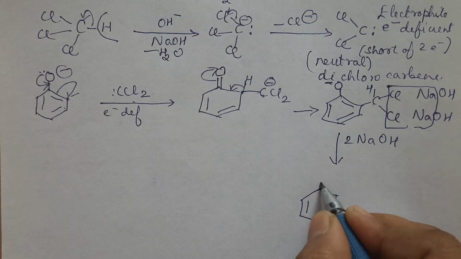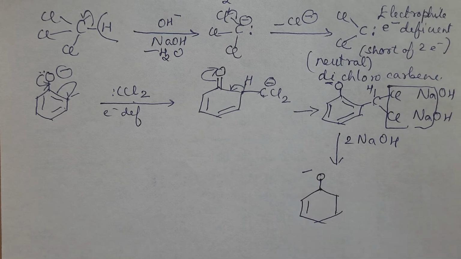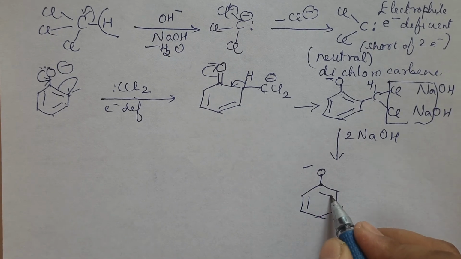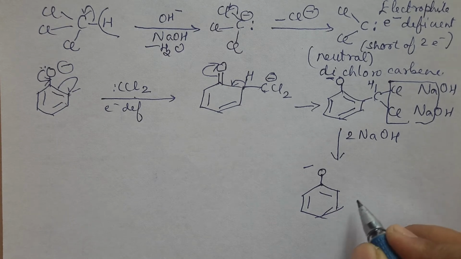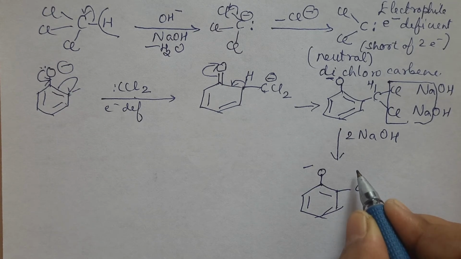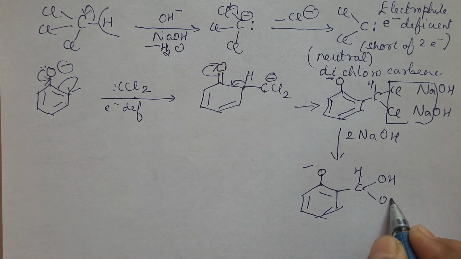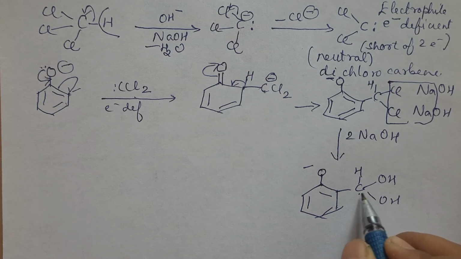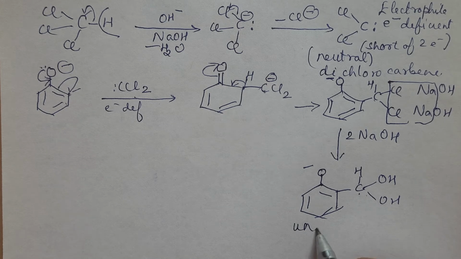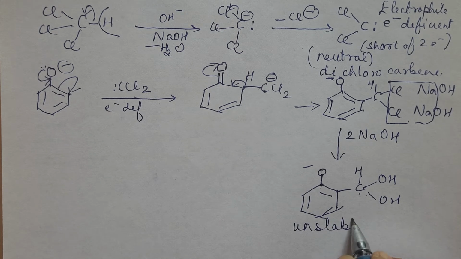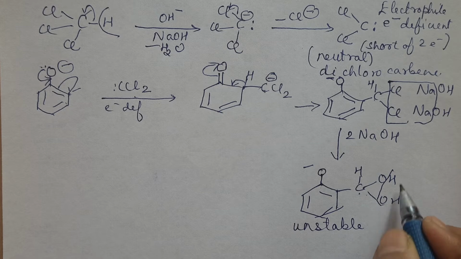This is intact. There is O, a negative charge, a double bond here. This carbon has hydrogen and 2 OH groups from the base. On one carbon, 2 OH is not stable. It is unstable, so it liberates a water molecule.